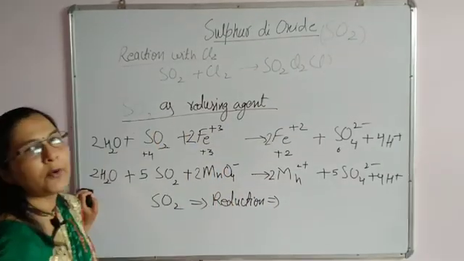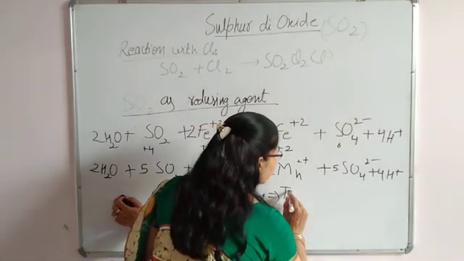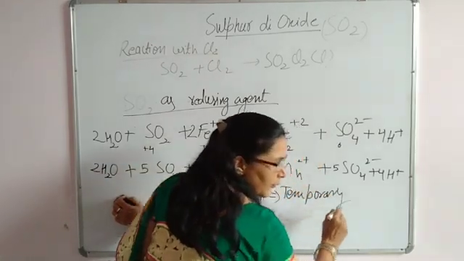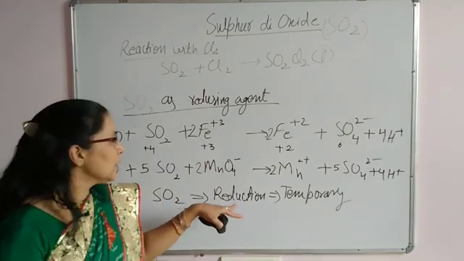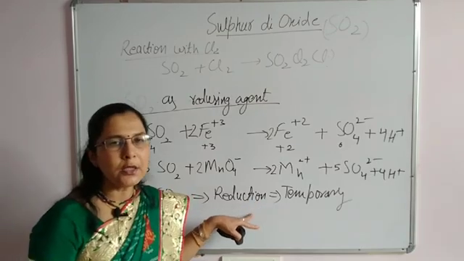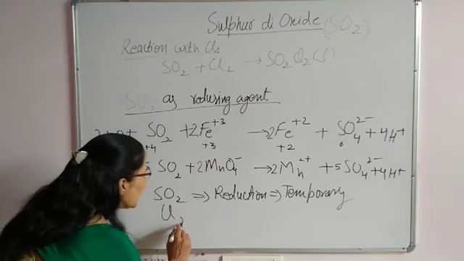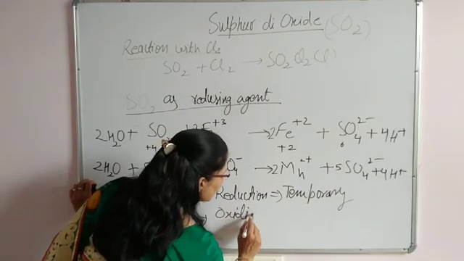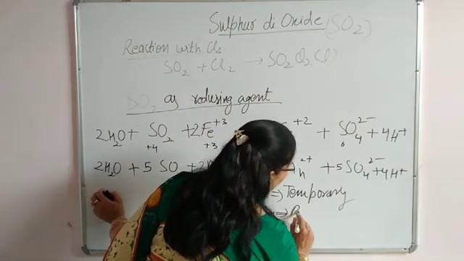So this type of bleaching action of SO2 is temporary. Whereas we will see in the future that when chlorine gas is the decolorizing agent or bleaching agent, its mechanism is oxidation. It works by oxidation, so it is permanent.